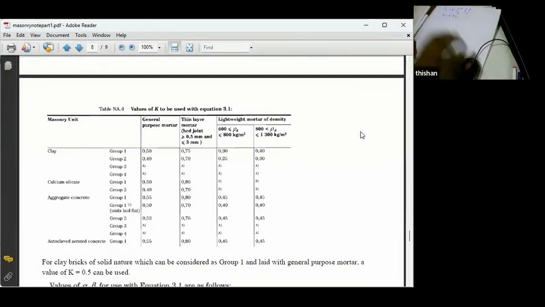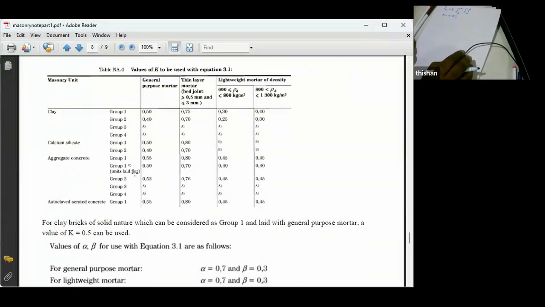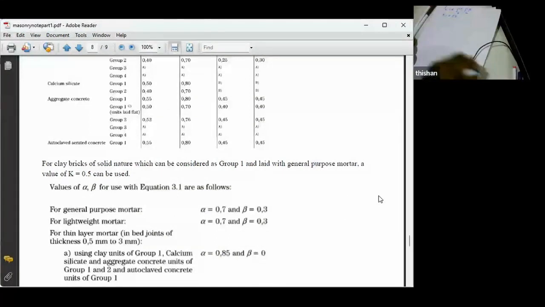K is 0.5. And I told you that we have to go for high quality block work. So we can easily obtain blocks of 5 newtons per millimeter squared or above in Sri Lanka, provided that you purchase it from a quality manufacturer. So if you look at alpha and beta values, alpha is 0.7, beta is 0.3.